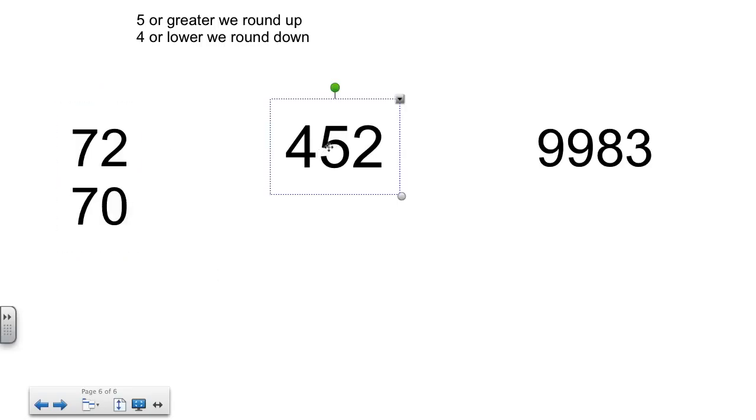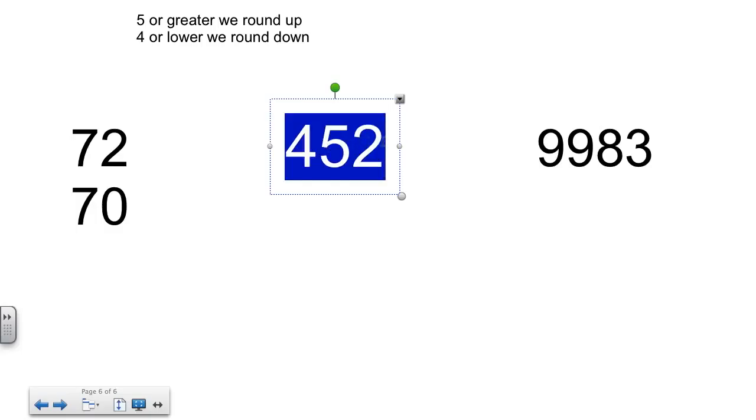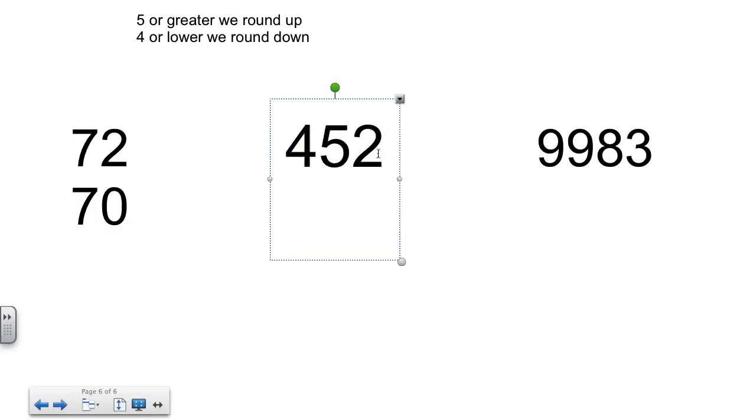Okay, so we'll move on to this one here. Once again, in the units column it is a 2, so we will be rounding down because 2 is a lower value than 4. It's lower than 4, it's lower than 5. So nothing changes in the hundreds or the tens column; the units column just drops down.